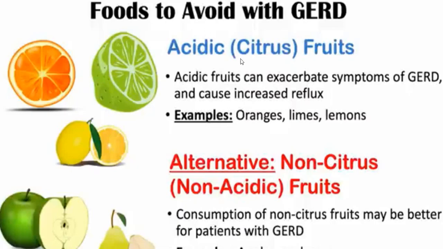Foods to be avoided are citrus fruits, what we call the acidic foods. As an alternative, try to consume non-citrus, non-acidic fruits like apple, melon, pears, etc. instead of oranges, limes, lemons.